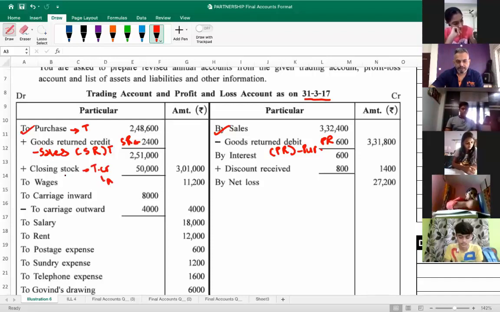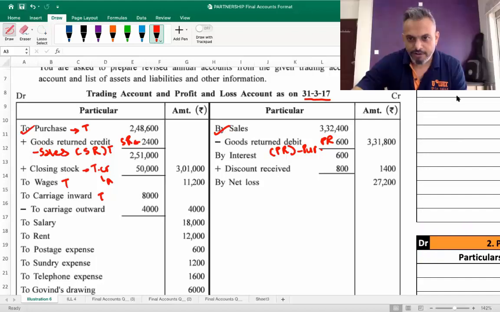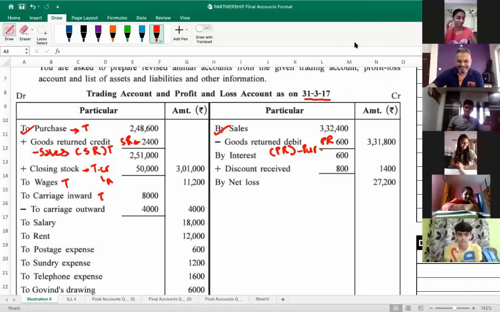Now here there will be no opening stock because we are starting the business on 1/4. Okay, so the business is just starting, so on that day there is no stock, but we have a closing stock, because at year end the closing stock is 50,000. Wages, trading. Carriage inward, trading. You see, carriage outward has been deducted; I don't know who this is, or where they studied, definitely not from us.